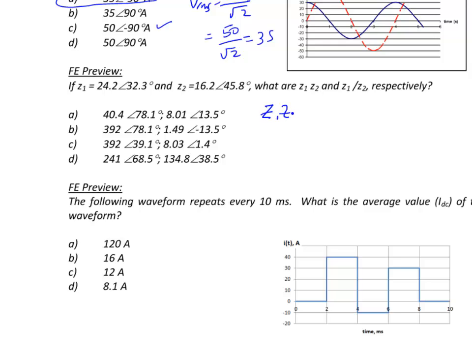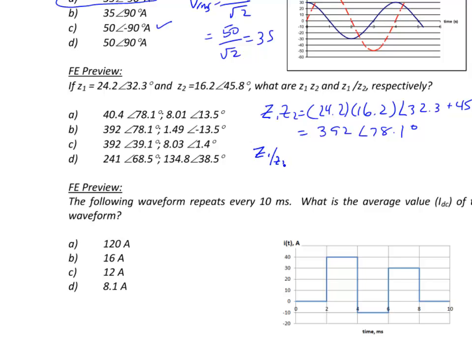Z1 times Z2 would be equal to 24.2 times 16.2 for the magnitude, and then we add the angles, 32.3 plus 45.8, which yields 392 with an angle of 78.1 degrees. So we already know the answer is letter B, but let's go ahead and do the second half just to confirm.